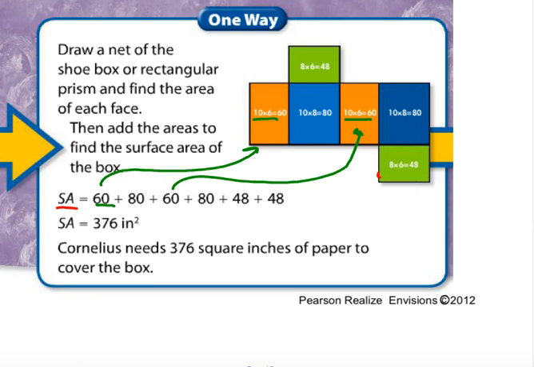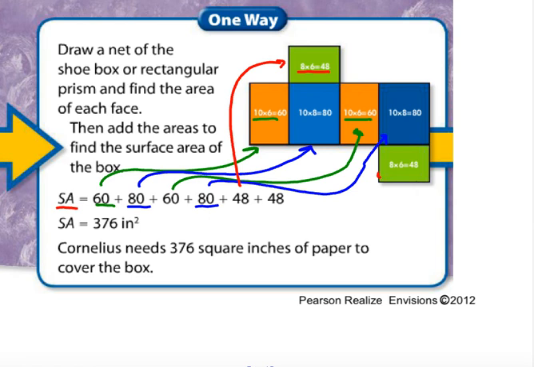And then we have the 80, which you can see they got from that rectangle. We have another 80, which they got from that rectangle. And then we have two more surface areas where we have 6 times 8 is 48. So you have your 48s from there and from there.